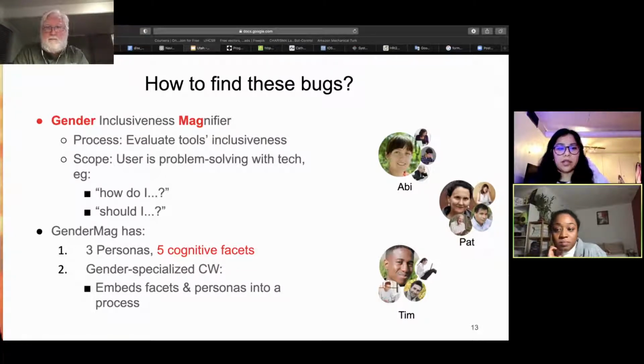But GenderMag as a whole is a gender-specialized cognitive walkthrough that embeds facets and personas into a process. So what this means is we're stepping into the shoes of the persona to see what the software looks like from their perspective. And by answering questions about what they may or may not do, we can find places where they might struggle. So next slide, please.